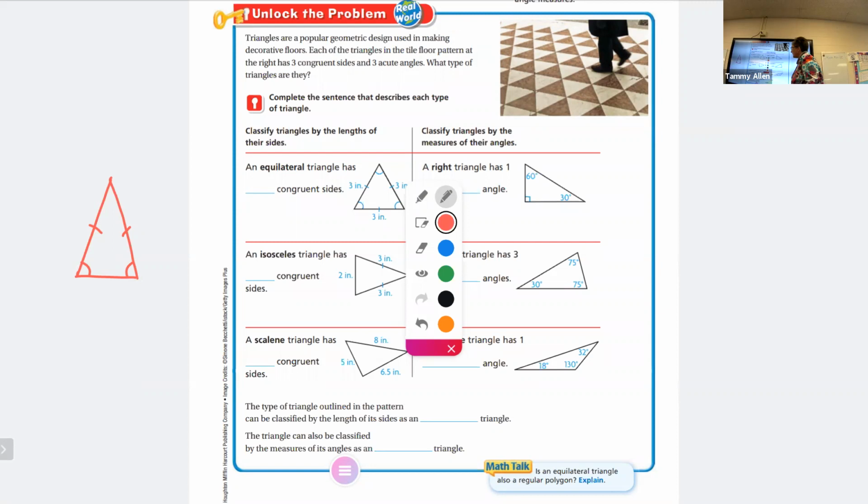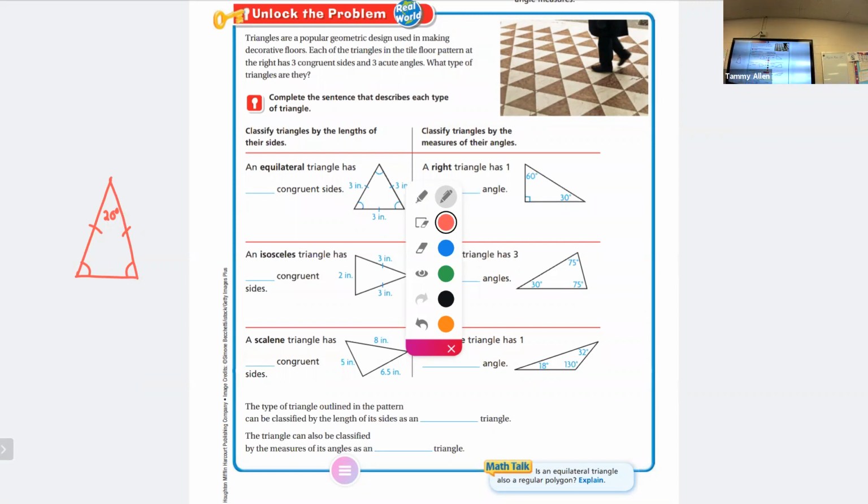So if I told you that this was a 20-degree angle, okay, what would be the measure of the two other angles? I don't think he has it.